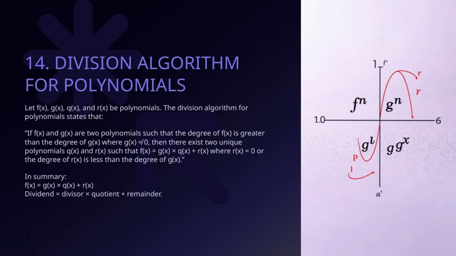This concept is fundamental because it guarantees that every polynomial division yields a unique quotient and remainder, giving us a systematic way to break down complex polynomial expressions. So, the division algorithm for polynomials, which we've discussed, is a powerful tool that builds directly on these ideas, ensuring consistency and predictability in polynomial division.